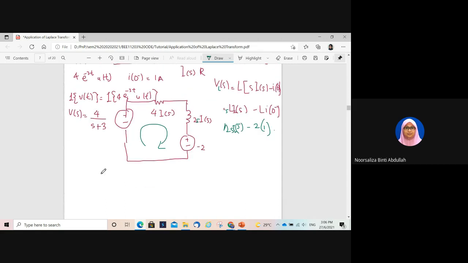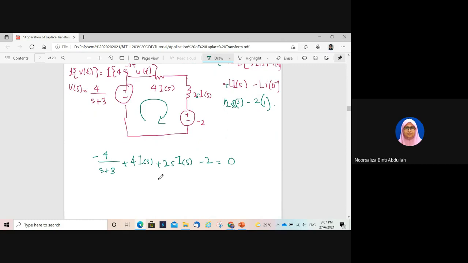Negative 4 over S plus 3, plus 4IS, plus 2SIS, minus 2 equals to 0. Lepas tu, you kumpulkan IS.